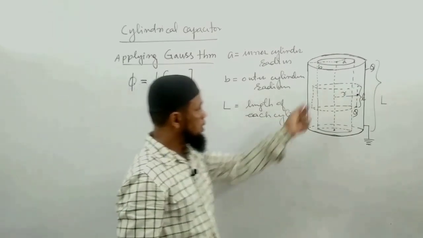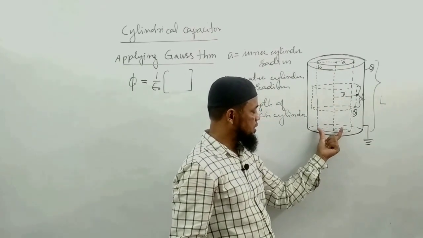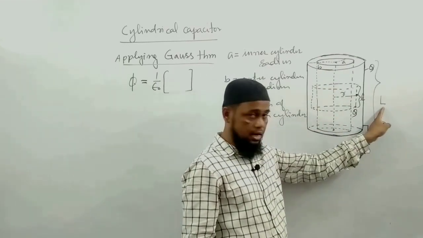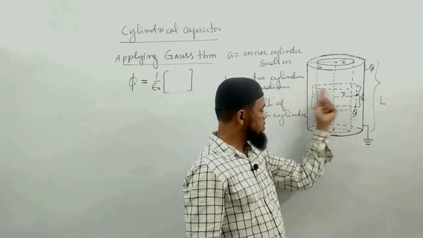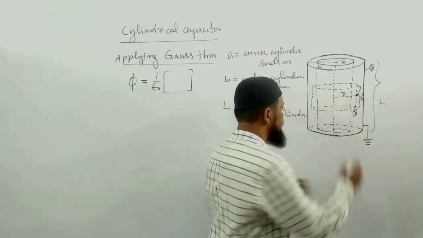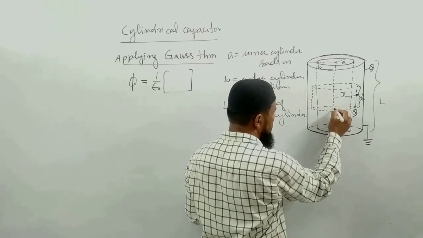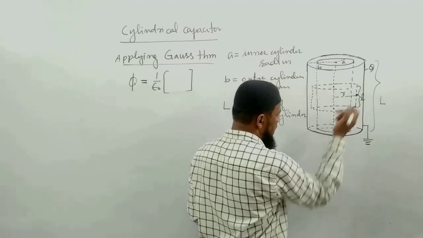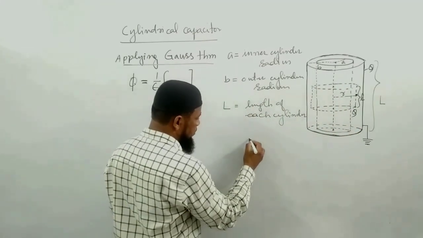What is the total charge enclosed? Total charge present on the inner cylinder is Q, present over a length of capital L. Within this length small l, how much charge will be there?